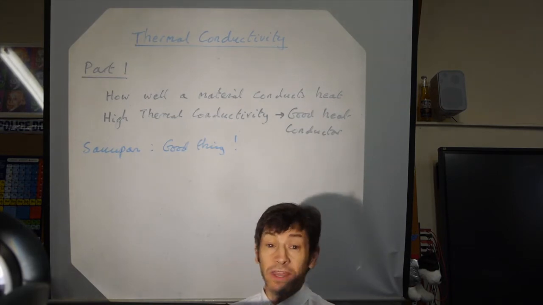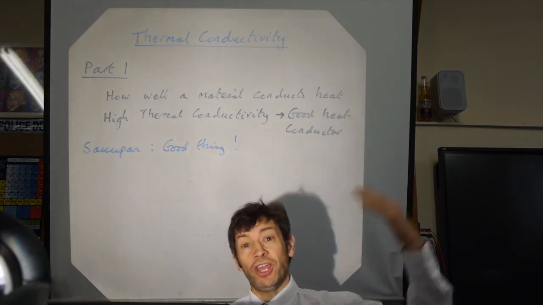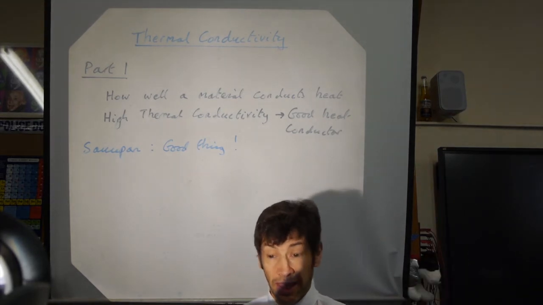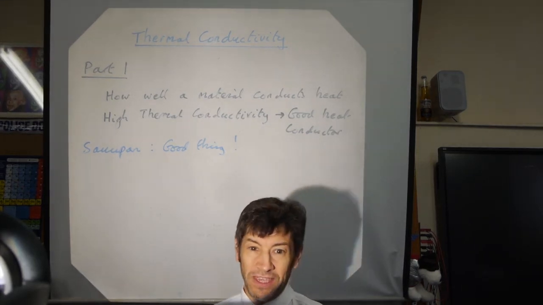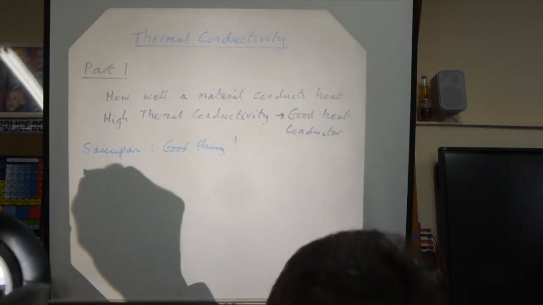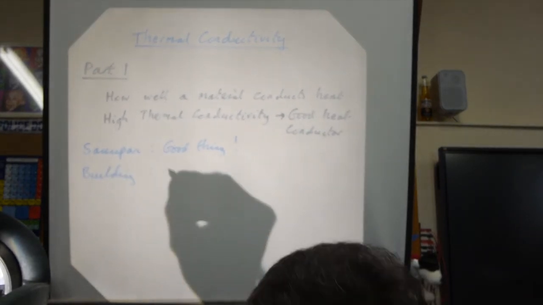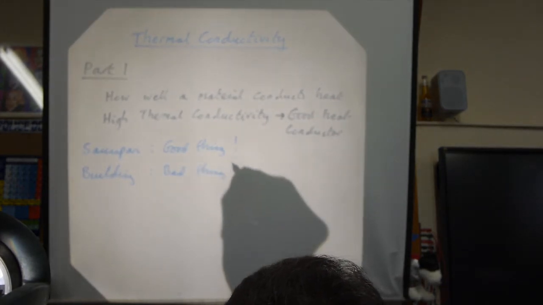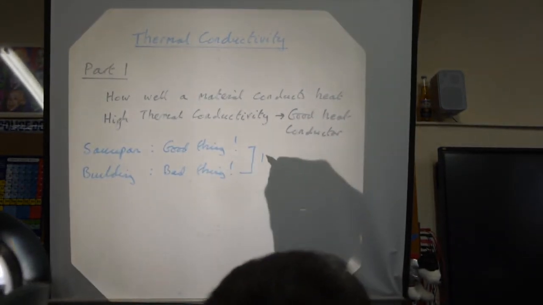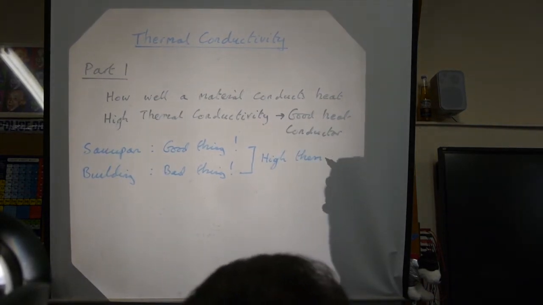But if you're designing buildings, particularly in the UK and places like that where we have changes of temperature during the year, then you don't want the building to lose all that expensive heat you're putting into it. So for something like a building, it's a bad thing to have a high thermal conductivity.